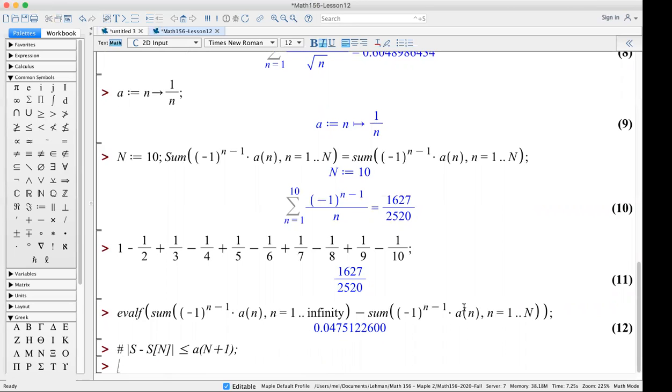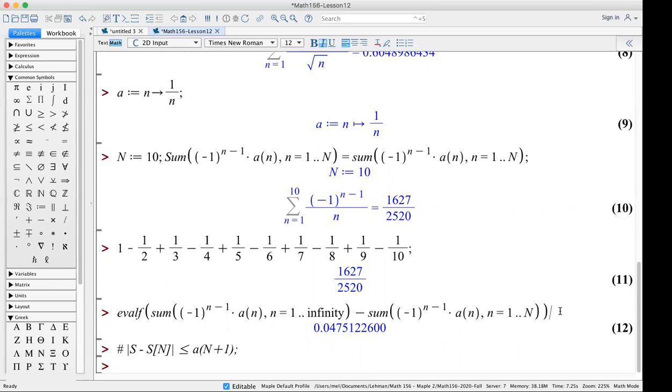Now, in this case, a_n is 1 over n. So what this says is that this difference is less than 1 over 11. Let's see, how can I write this down?